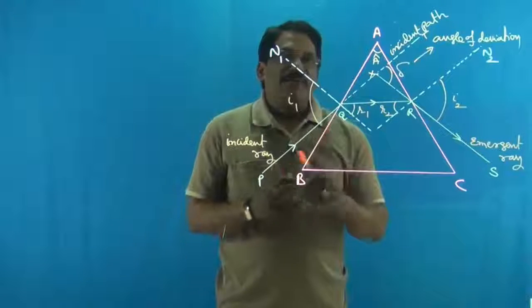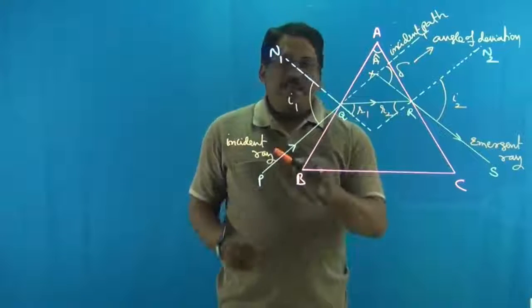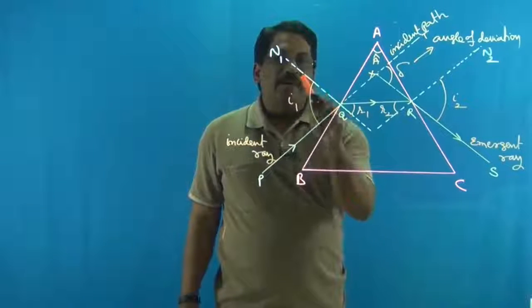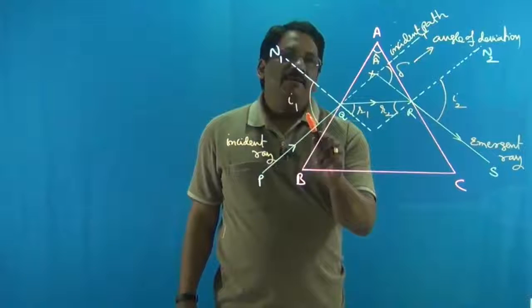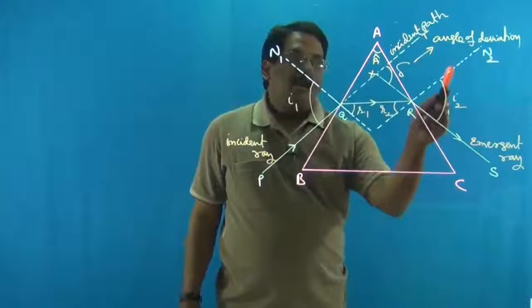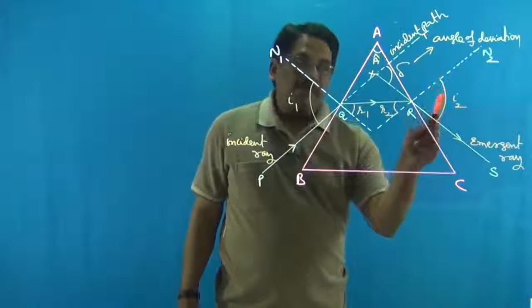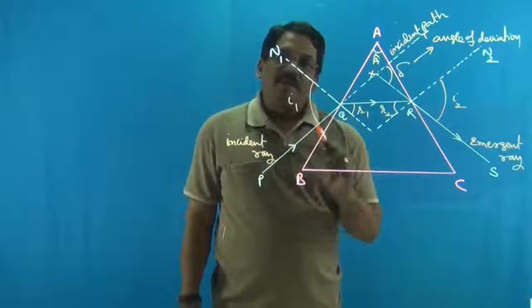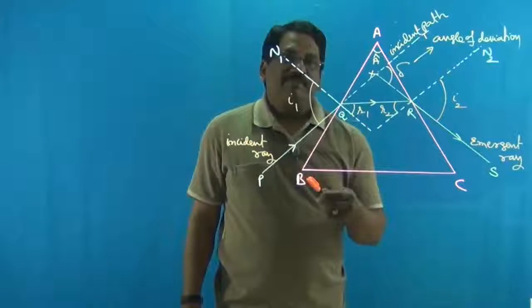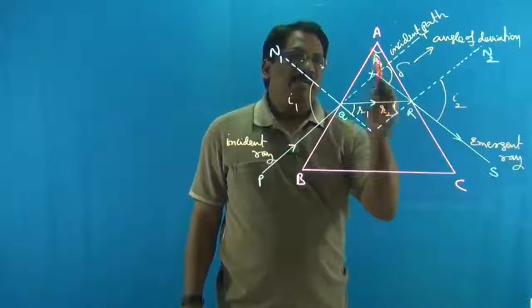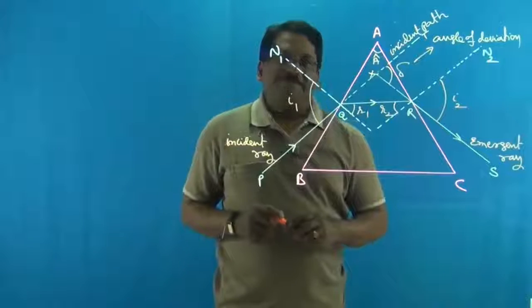We know by definition the angle between the incident ray and normal is the angle of incidence. The angle between the emergent ray and normal is the angle of emergence. And here R1 and R2 are the angles of refraction at the two faces AB and AC respectively.